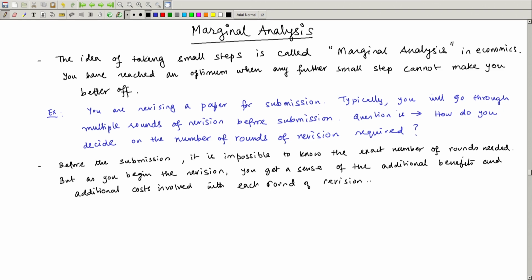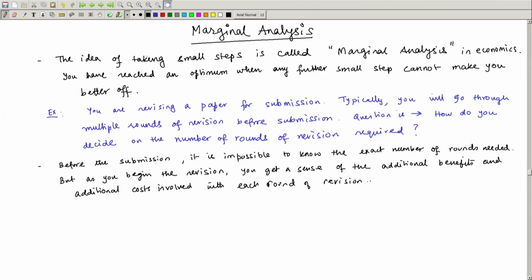So, a priori I may not be able to tell you that I need 7 rounds of revision, but as I start the first round of revision, I will get an estimate. I start understanding what are the extra benefits and extra costs that I will encounter in each round of revision.